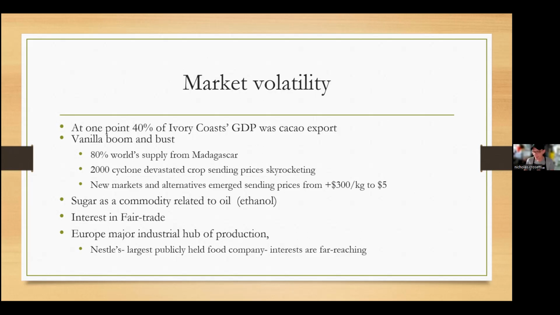So thinking about the chocolate that Nestle is producing and all that goes into it, and then their other business practices have far-reaching effects just in the market overall.